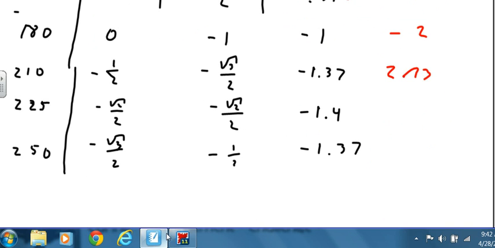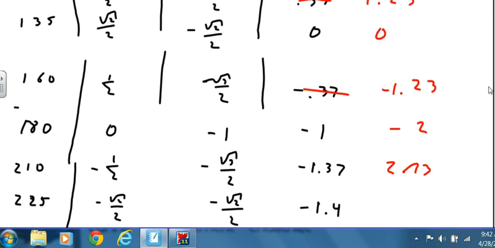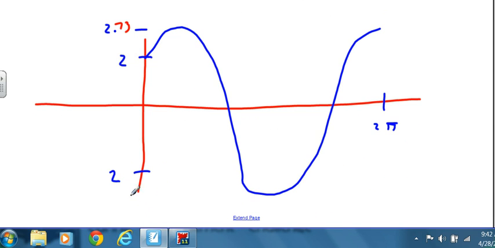So we're going to end up with a graph that goes as high as 2.73 and as low as minus 2.73, and looks sort of like that. Okay, excellent. Good enough? Ben says that's good enough, so it must be good enough.